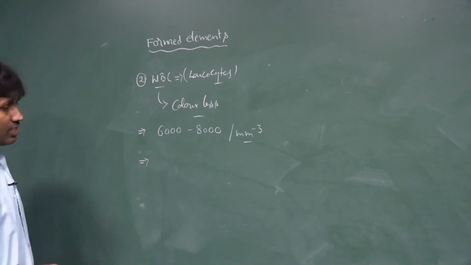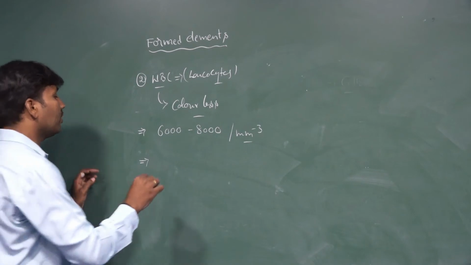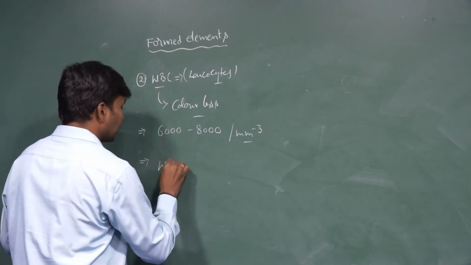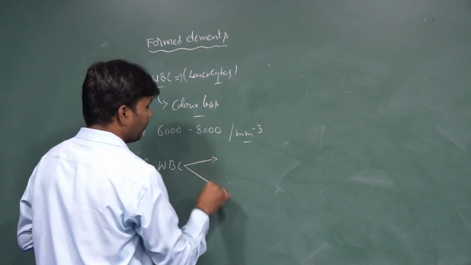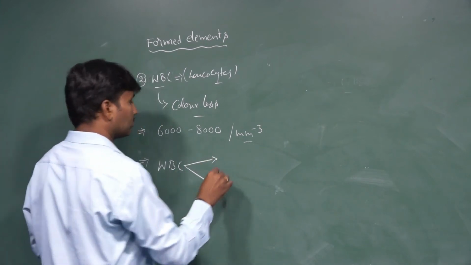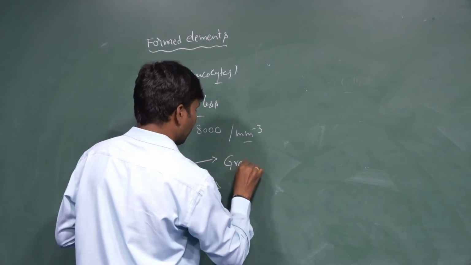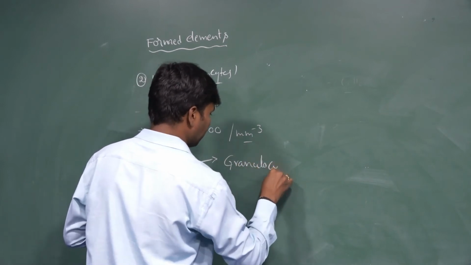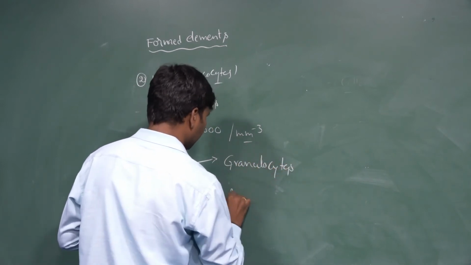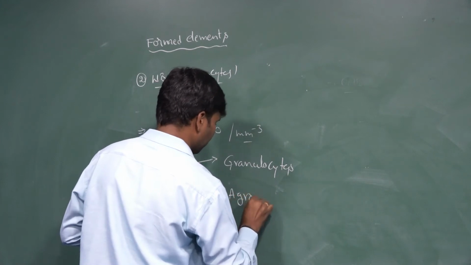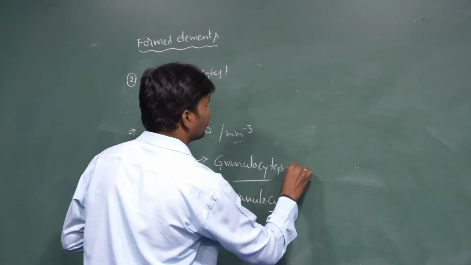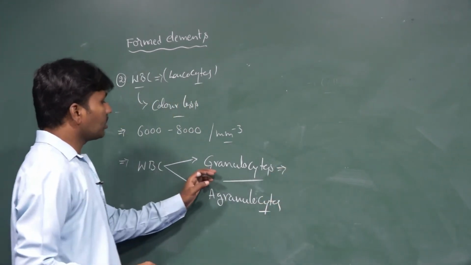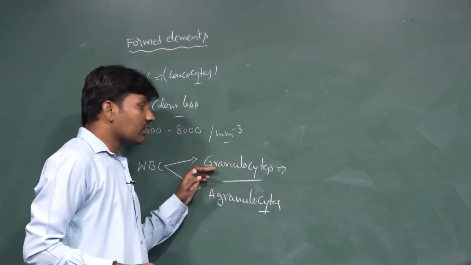Again, based on their structure, WBCs are differentiated into two types: granulocytes and agranulocytes. What is the characteristic of the granulocytes?